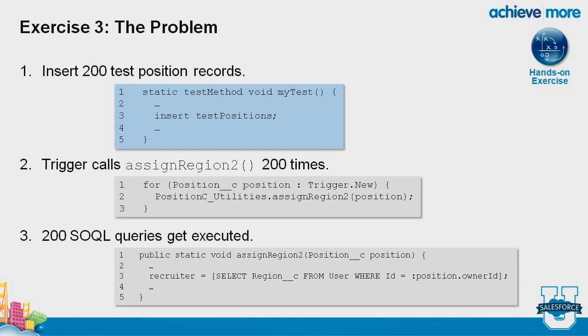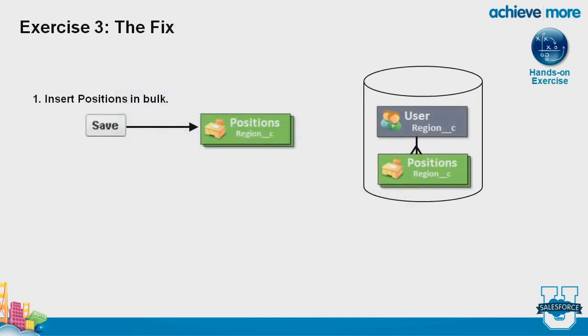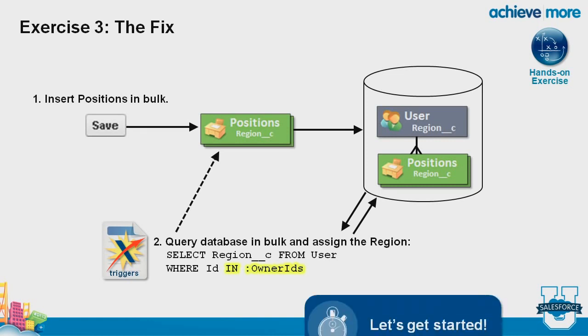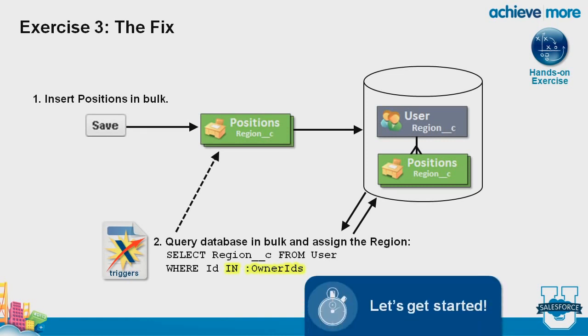It's not a good idea. Actually, it's a bad idea. All right, so how are we going to fix that? We're going to change the query so it's not equals to an owner ID. It's in a list of owner IDs. Ready, set, go.